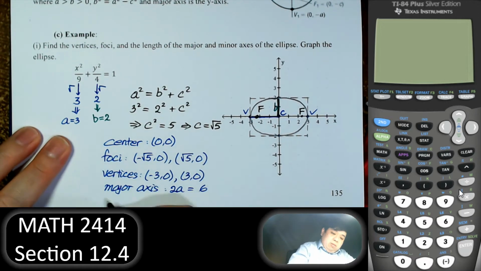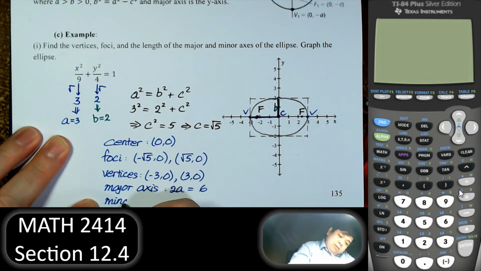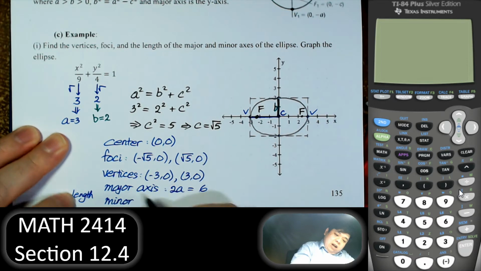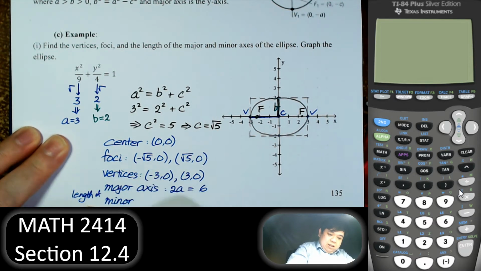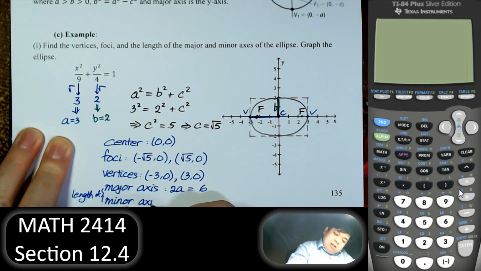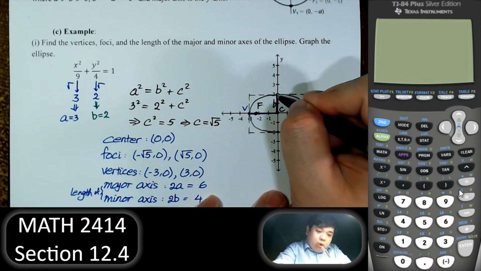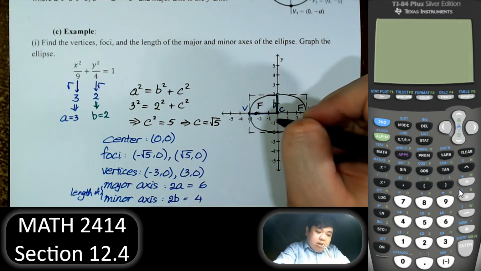And the length of the minor axis is 2b, which is 4. So the shortest line that goes through the center and touches the ellipse is going to be 4.